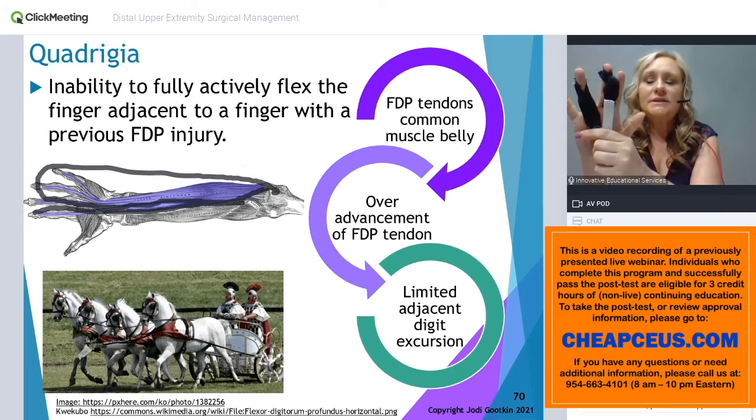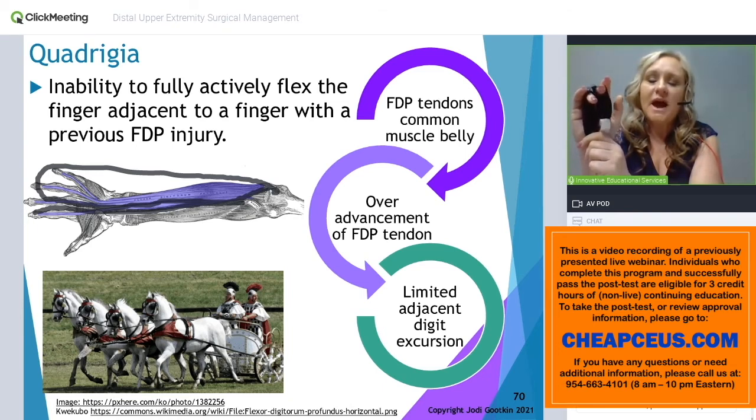So if I had a tendon repair of this ring finger, and the black is how short that tendon is now, when I go to flex down, it will flex, and then my ring finger, see how I still have all that white slack left in that tendon? I won't be able to flex that finger down all the way. I won't be able to generate good strength here. Even though it has muscle length and it should be able to develop tension, because they're all obligated to this same muscle belly represented by my hand, it's only going to go as far as that over-shortened surgically repaired finger.